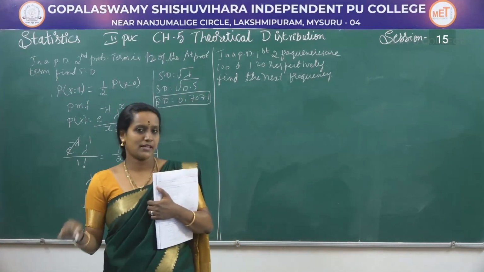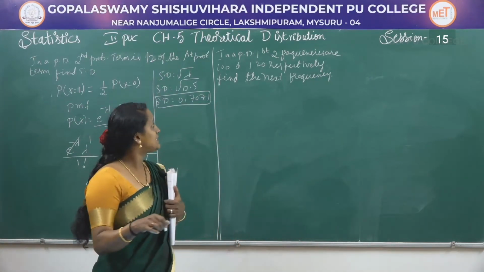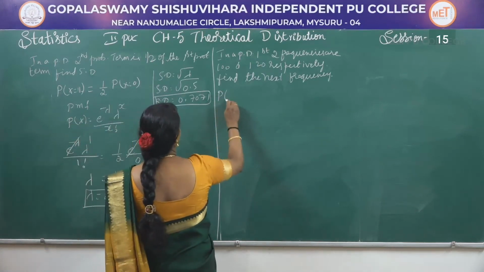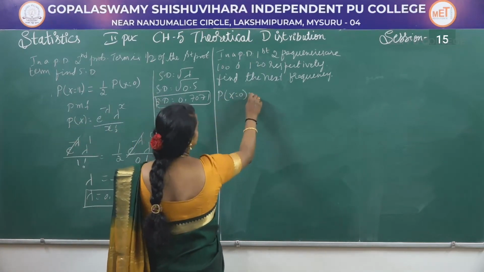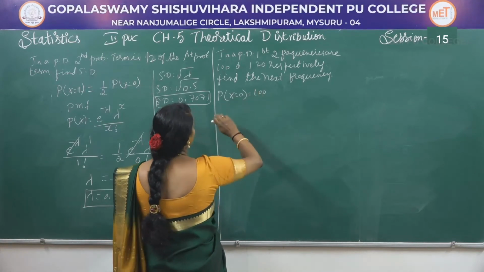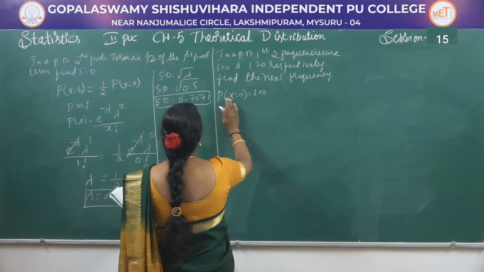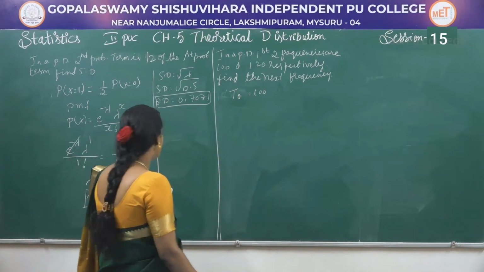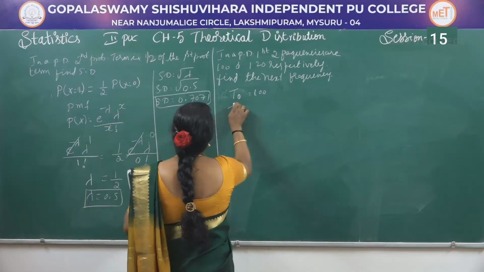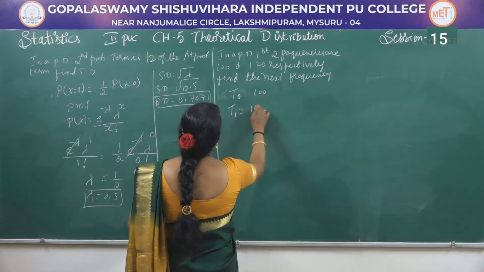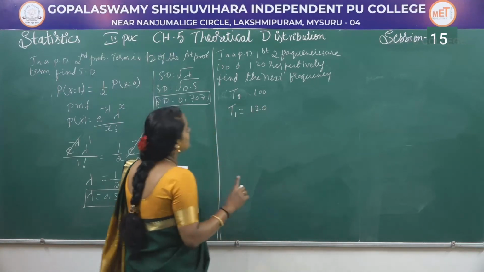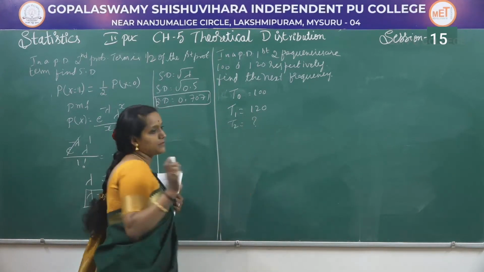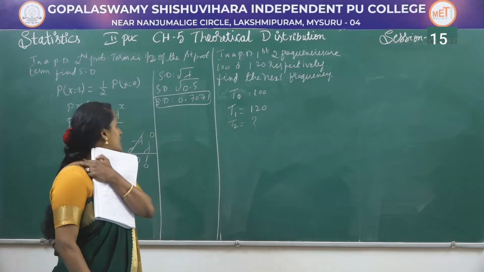The first frequency is for P of x equals 0, that is 100. So it is T0 and T1. T0 is 100 and T1, the second frequency, is 120. We have to find the next frequency, that is T2.